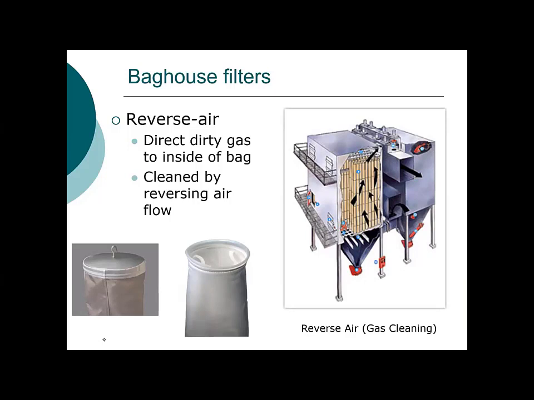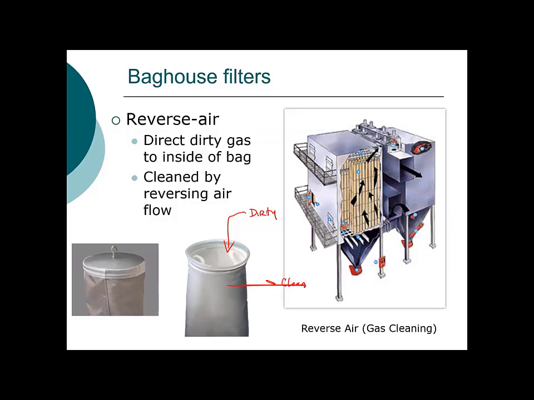So this is a reverse air system. So the dirty air flows to the inside of the bag, clean air out the side. These can be run what is referred to as continuous offline, which means you pull one compartment offline, you clean those, but you're operating the rest of the unit.